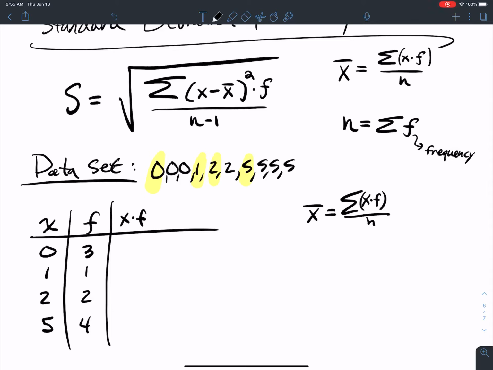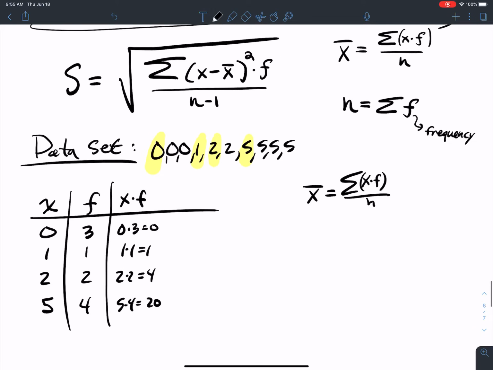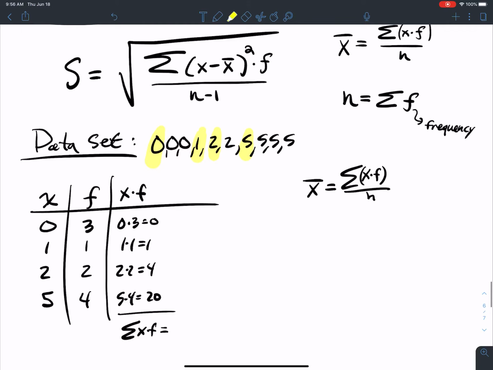If I do that, I get 0 times 3, which is 0, 1 times 1, which is 1, 2 times 2, which is 4, and then 5 times 4, which is 20. So if I sum up x times f, I get 0 plus 1 plus 4 plus 20 gets me 25.